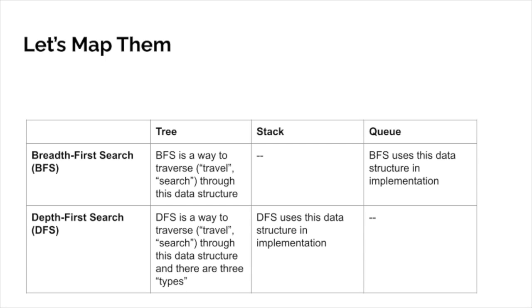Depth first search is another way to travel, traverse, search through the tree data structure. And there are three ways to implement depth first search: in order search, pre order search, and post order search. They all represent different ways that you can find an element.